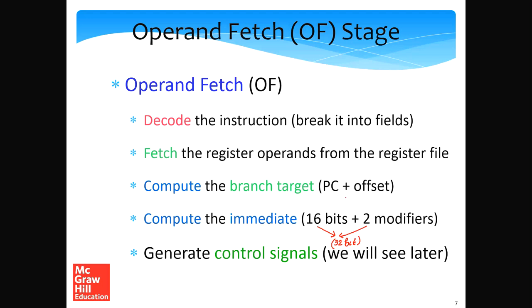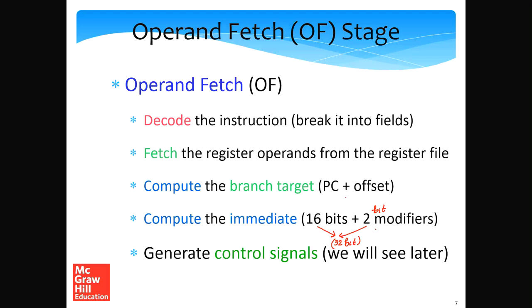So we need to compute the immediate, which is 16 bits plus a 2-bit modifier. I shouldn't call it 2 modifiers, I should call it a 2-bit modifier. That's slightly better, though 2 modifiers is also not wrong.